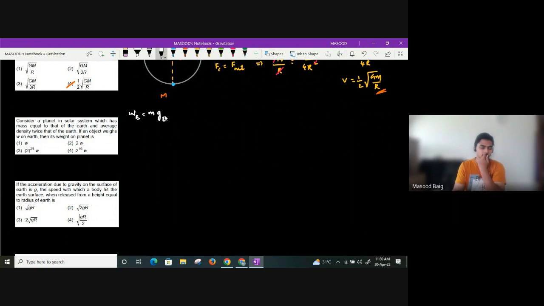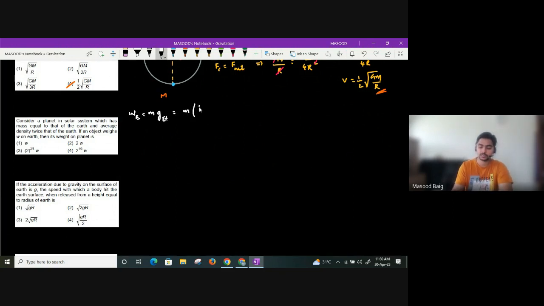Consider a planet in the solar system which has a mass equal to that of the earth and average density twice that of the earth. If an object weighs W on the earth, what is its weight on the planet? Weight on earth is mass, which is not going to change, into gravity on earth. How can we write gravity in terms of density and radius?